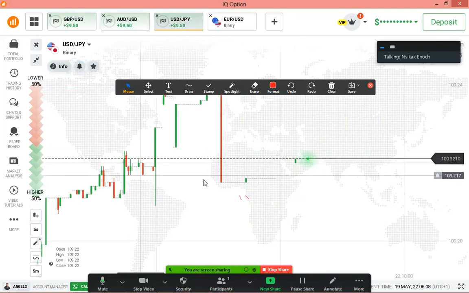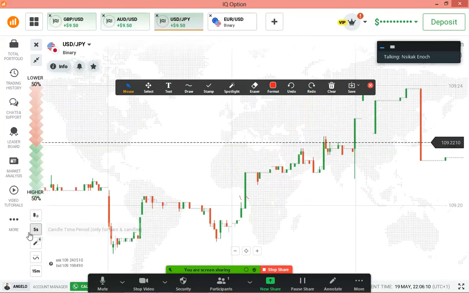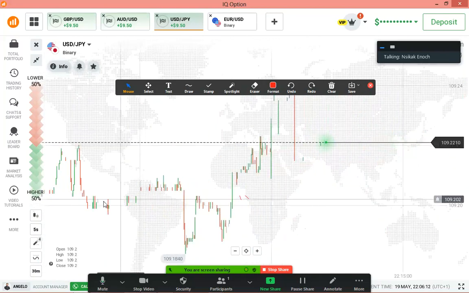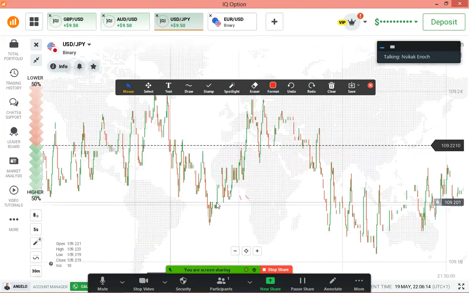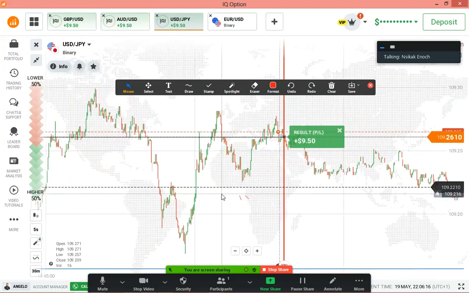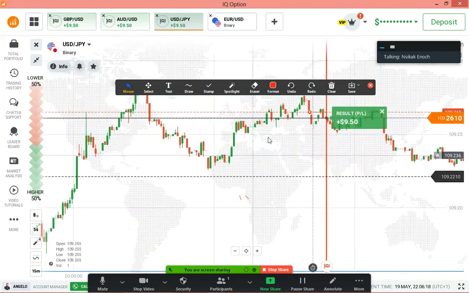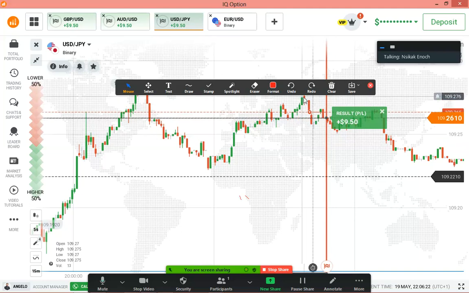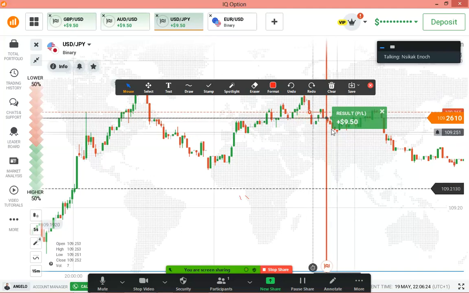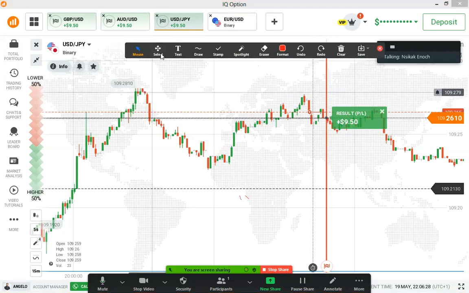Then also about the 5 second charts. If you have to use a 5 second chart, because this one I use a 5 second chart and I use a 1 minute expiry time, the price still goes down. So within 1 minute, the market goes down after hitting the supply zone.